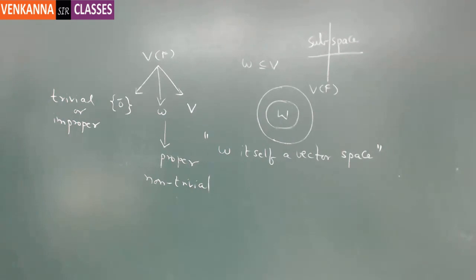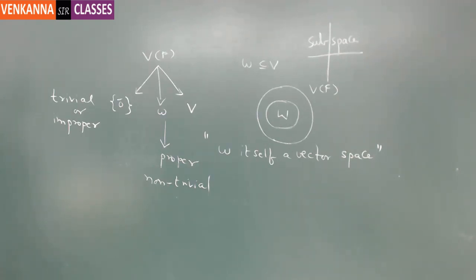Now, what happens is I have a vector space and I have given a subset to you. I want to know whether it becomes a subspace of the vector space or not. For this, I need to check all the 9 properties which are given earlier, which is very difficult to do always.